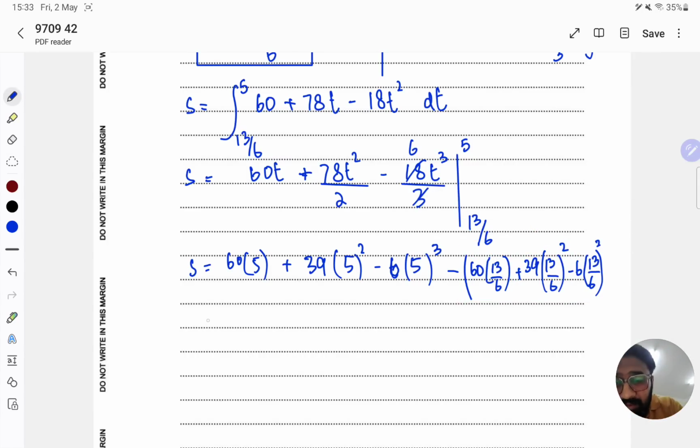Now I'll simplify. It will be 60 into 5 plus 39 into 25 minus 6 into 125. Sorry, this is 25 for the square.